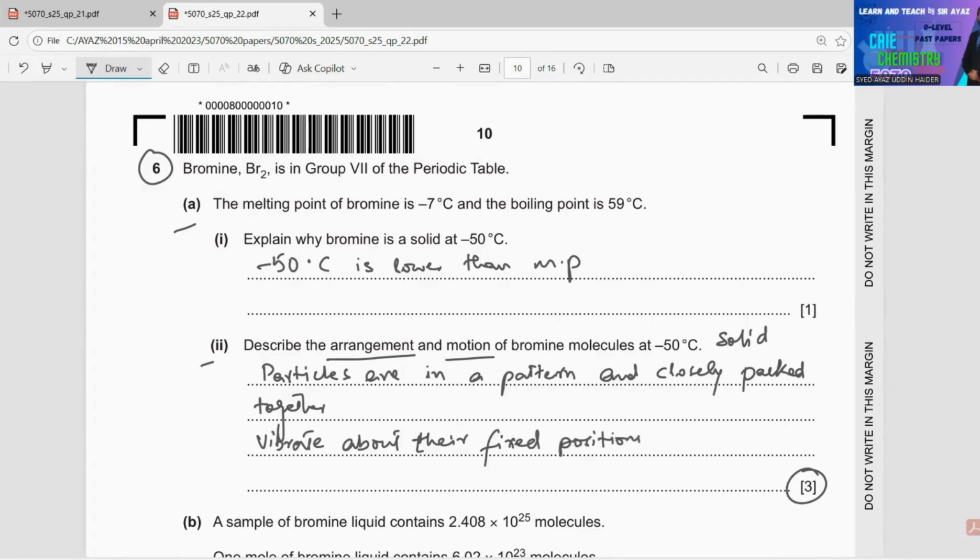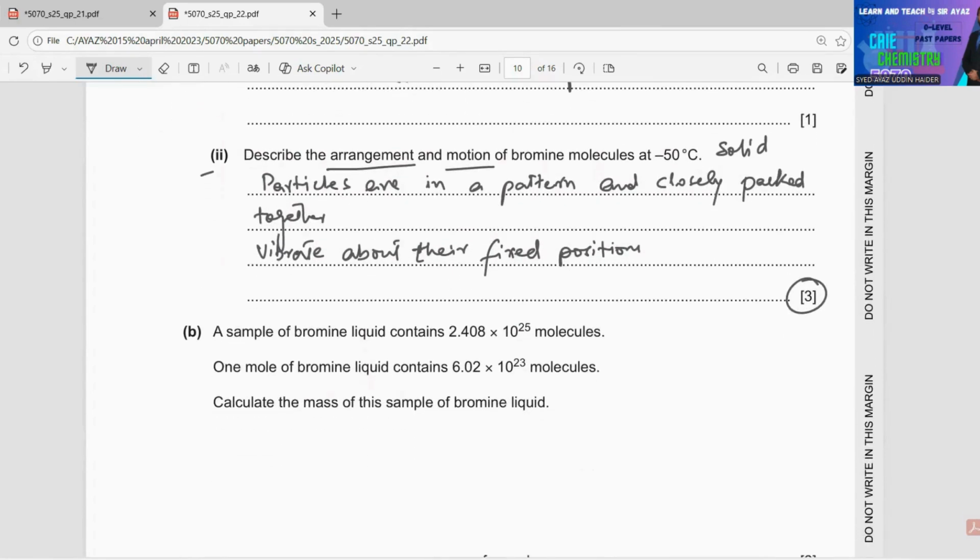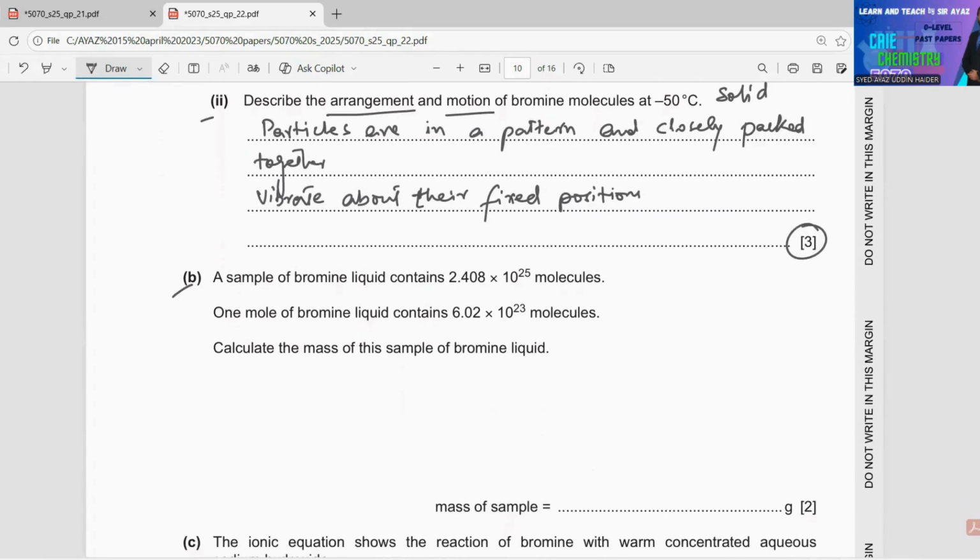Moving to next part, which is part B. A sample of bromine liquid contains 2.408 into 10 to the power 25 molecules. 1 mole of bromine liquid contains 6.02 into 10 to the power 23 molecules. Calculate the mass of this sample of bromine liquid. Now, the molecules of the bromine liquid are given, and we all know that 1 mole contains the Avogadro number, which is also provided here.